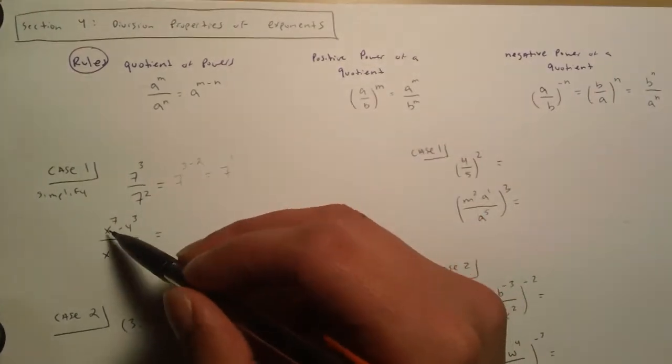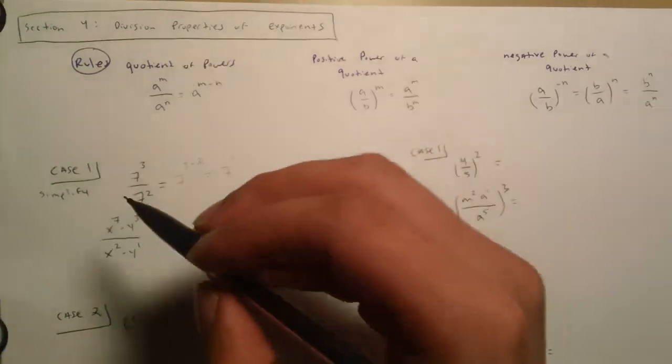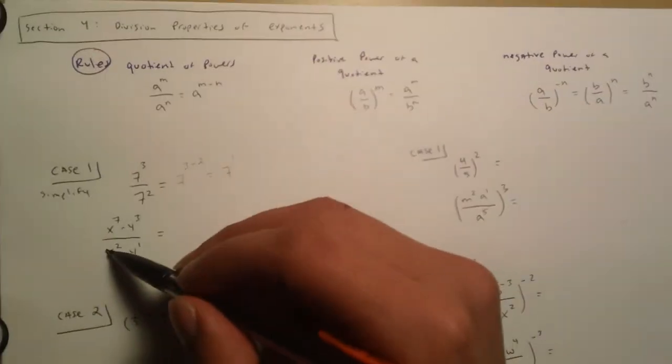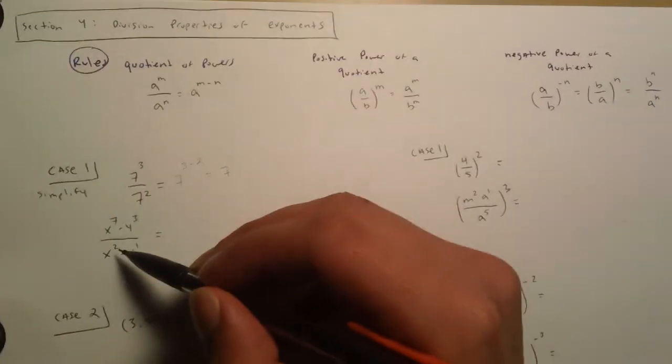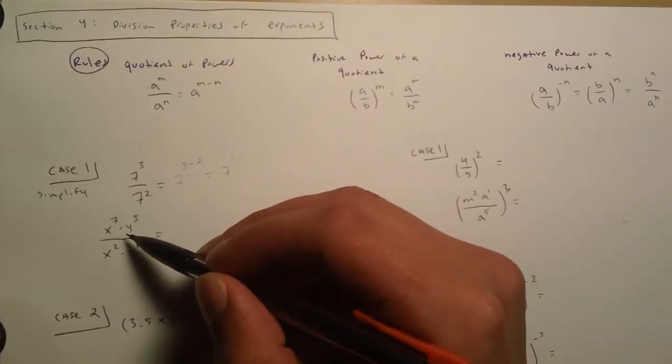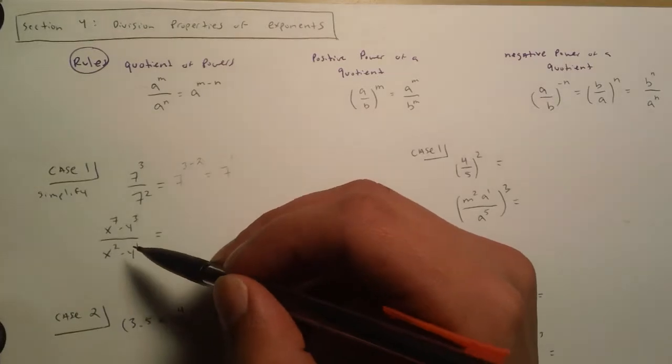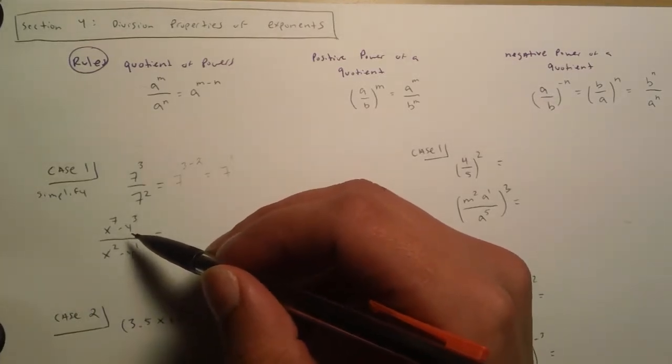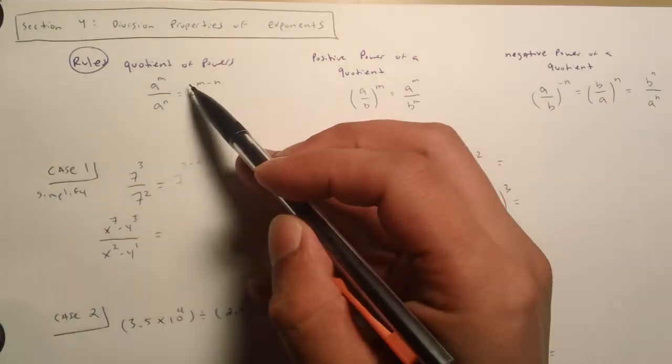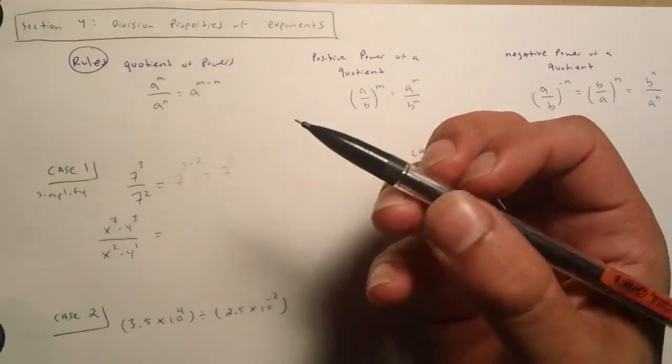This one has two bases, x and y, and naturally you can't divide y to the 3rd over x squared. They don't share the same base, so it wouldn't work according to our rule.